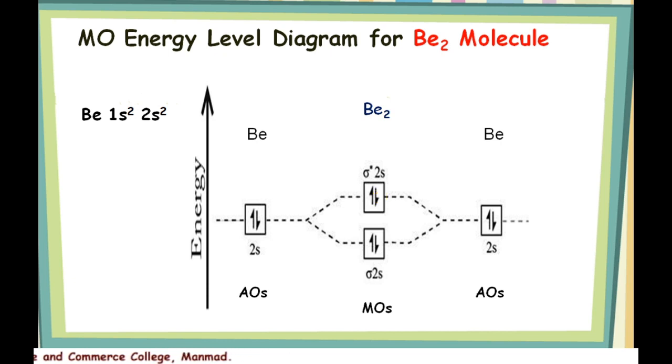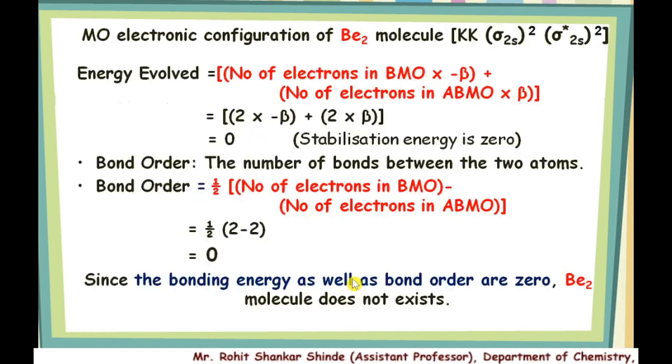While writing the molecular orbital electronic configuration for this molecule, for the 1s2 electrons of each beryllium atom, a letter K is written. The molecular orbital electronic configuration for this molecule is KK, sigma 2s2, sigma star 2s2. Both in sigma 2s and sigma star 2s, two electrons are present each.